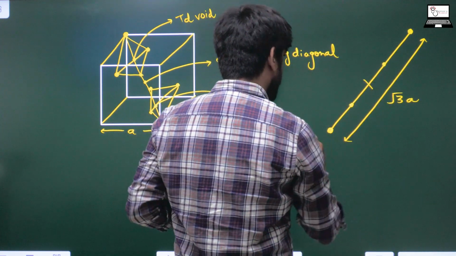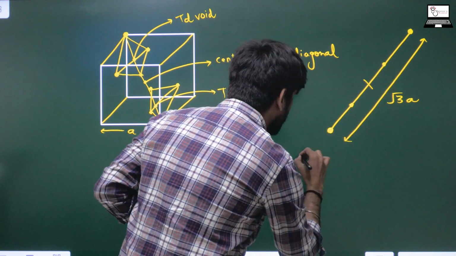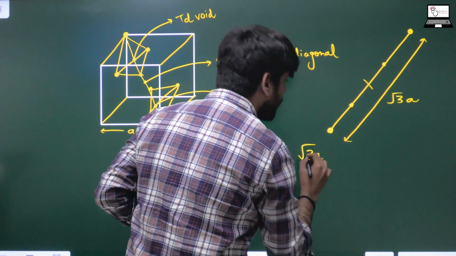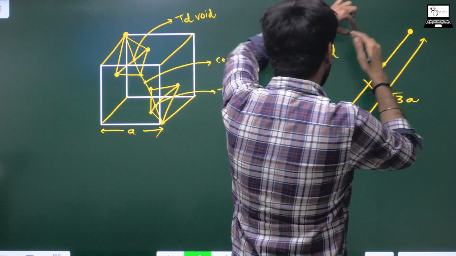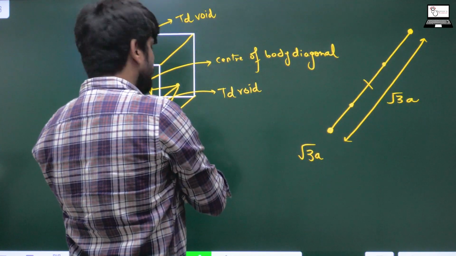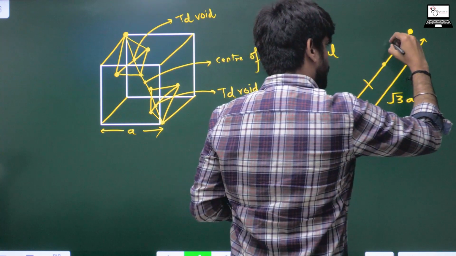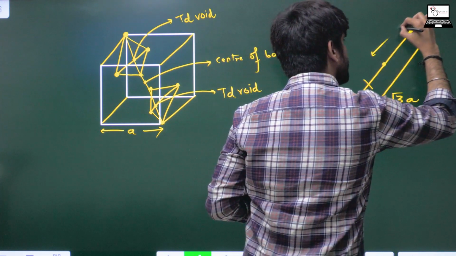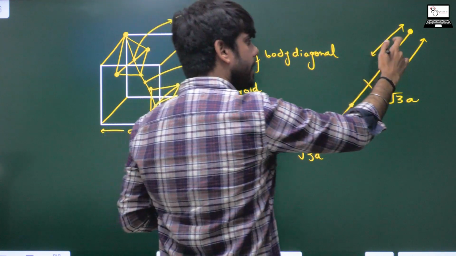So if I want to find out the relation between a and r, then I consider this distance to be 2r, right?